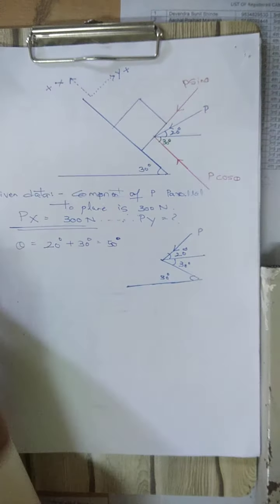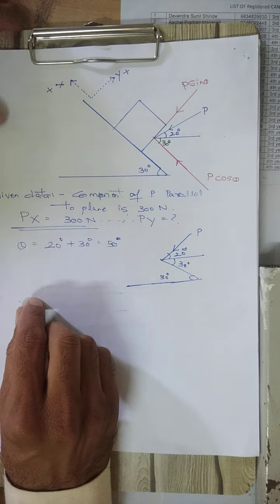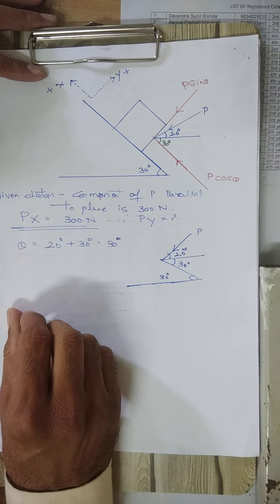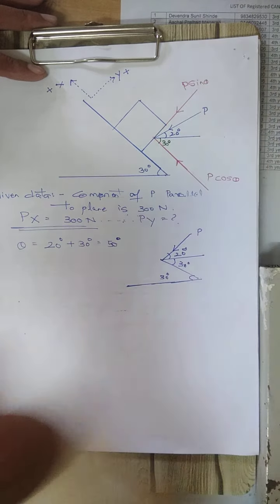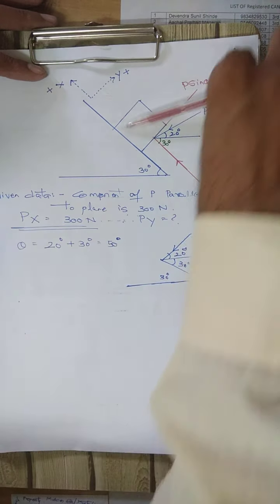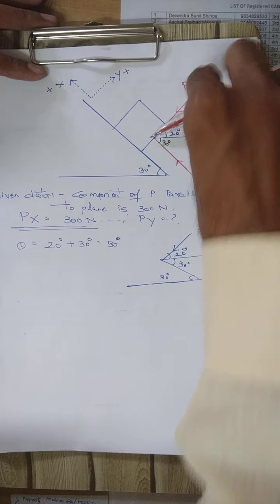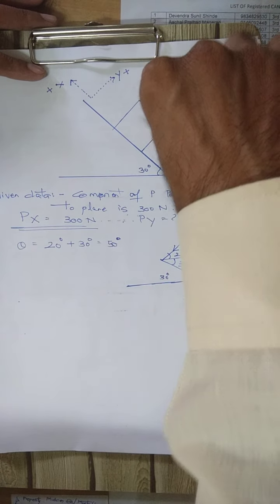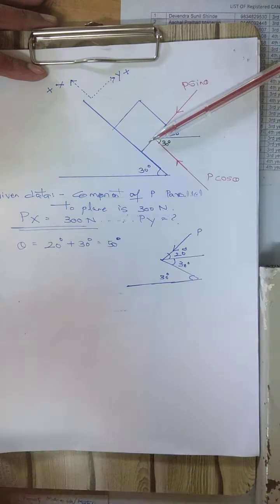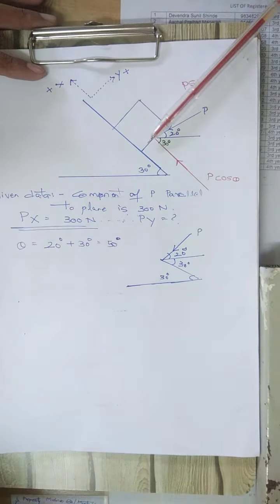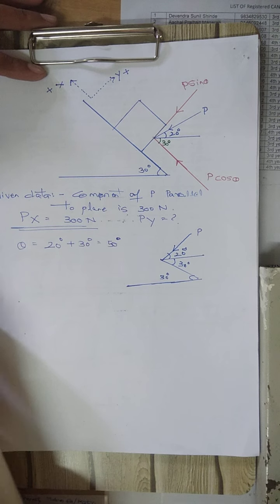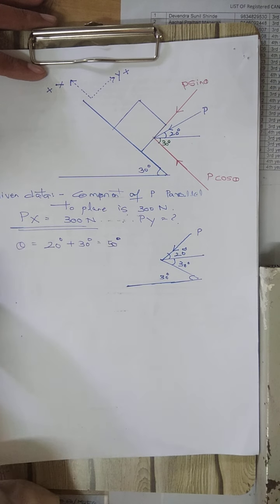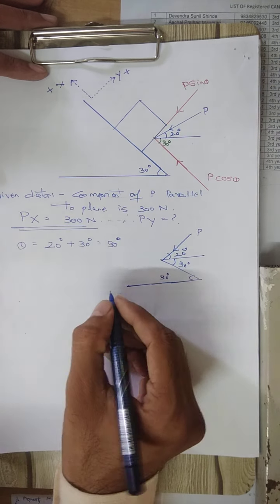So in this way, we have calculated the cos theta and sin theta components. This is the original force. Keep the force in its original position in order to find the x and y components.